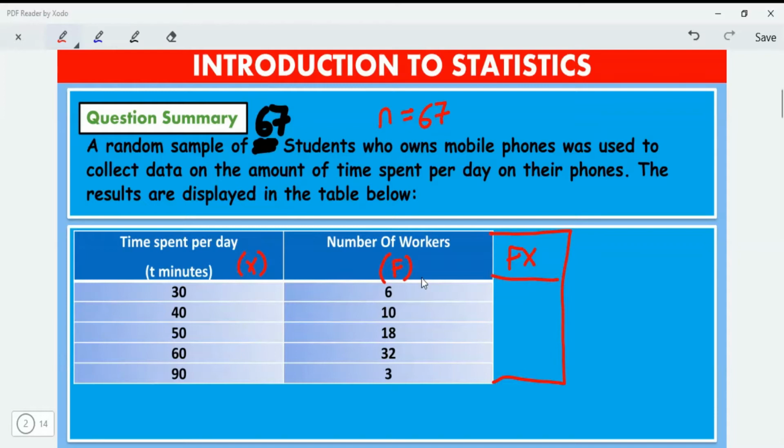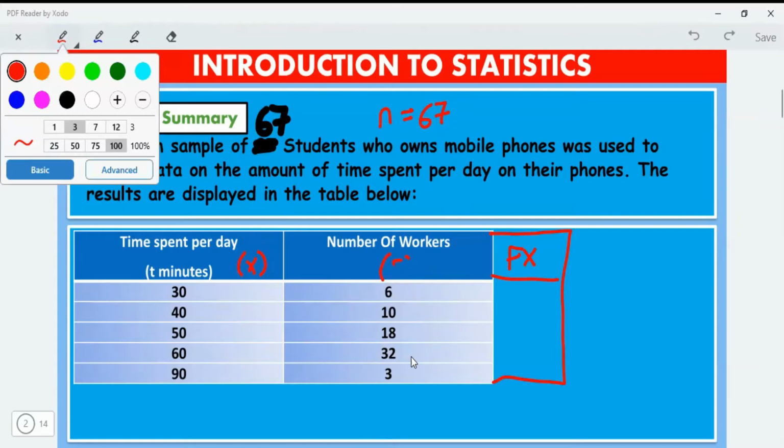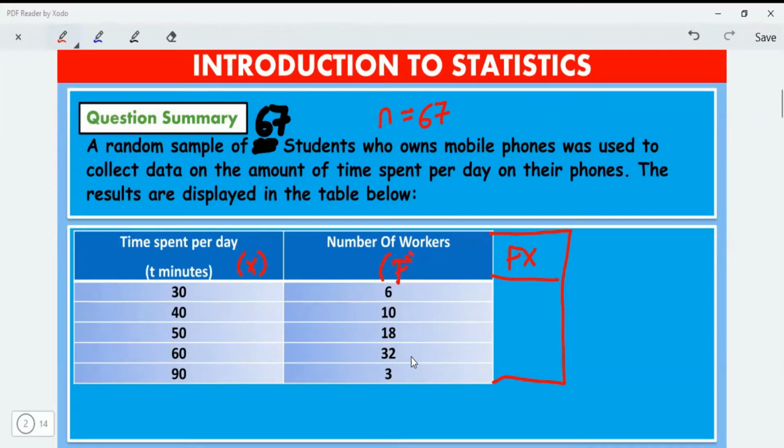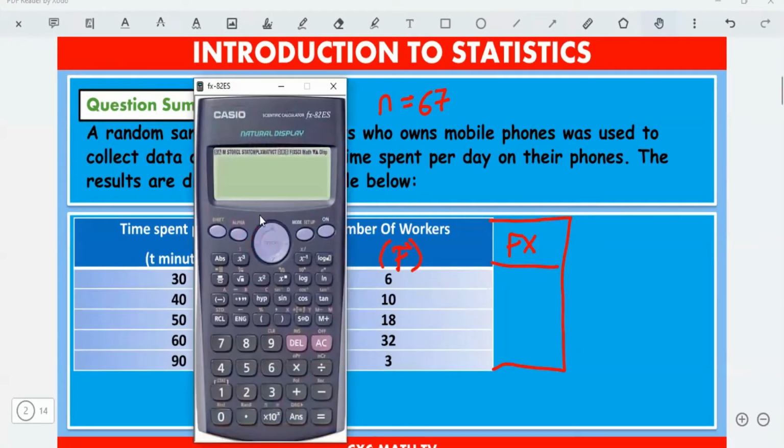Of course, to do that, we're going to whip out our calculator. Always have your calculator with you. Don't be doing these mental calculations, because we can always make a mistake mentally.